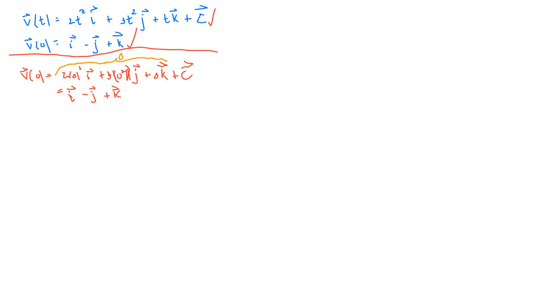So that means that the only thing you're left with is c. So the c vector has to equal i minus j plus k.